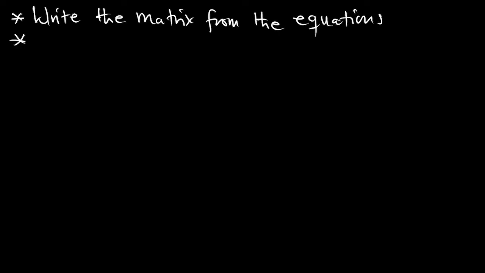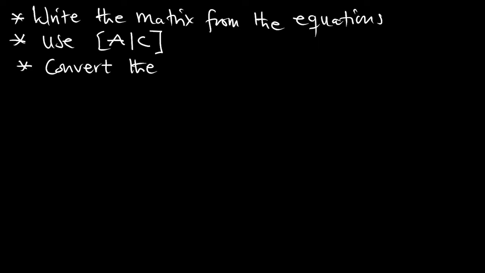The second one, we are going to use the method where you augment the matrix A by the C part. We know the C part. Are we okay? And now the third part is you try to convert the matrix and the augmented part to an upper triangular matrix. We will look at that.